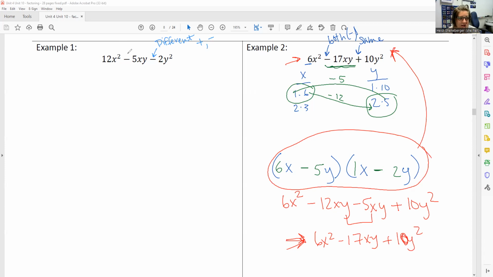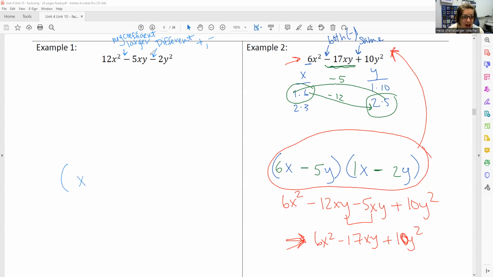And so the negative means that my negative coefficient is larger. I feel like I need to make a video just of how to know what your binomials should have at the end. Again, I will think about doing that.